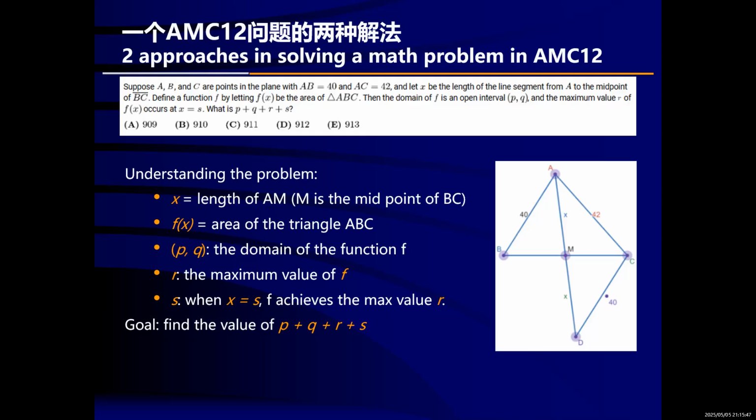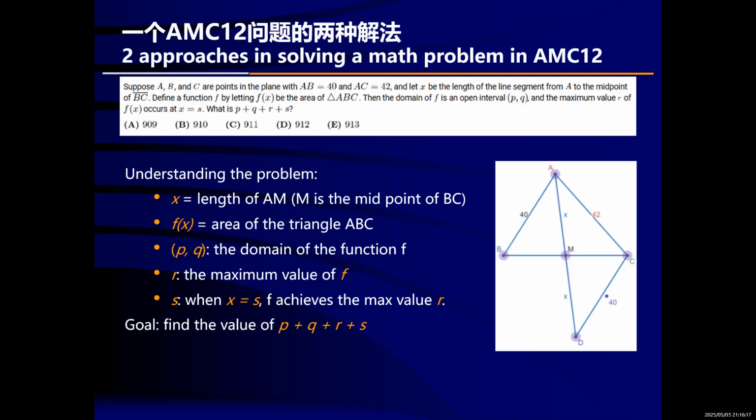(P, Q) is the open interval for the domain of the function. R is the maximum value that is achieved by the function. When does it achieve the maximum? That is when x equals S. The goal of the problem is to find the value of P plus Q plus R plus S. Any questions so far?